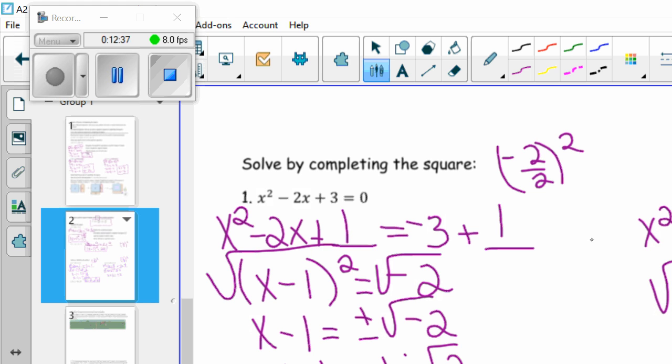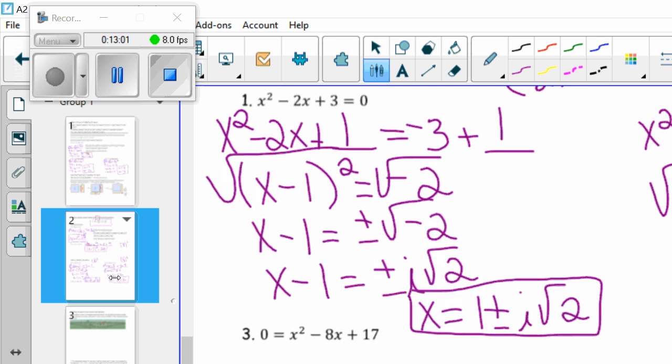So I have plus or minus 2i. Move my 2 over here to get x by itself. So I get x equals, remember that we always want to write our answers in standard form, the real number first and then the imaginary. So it's going to be negative 2 plus or minus 2i. Those are the answers to that equation.